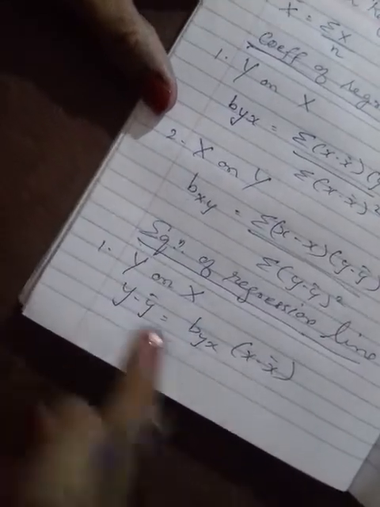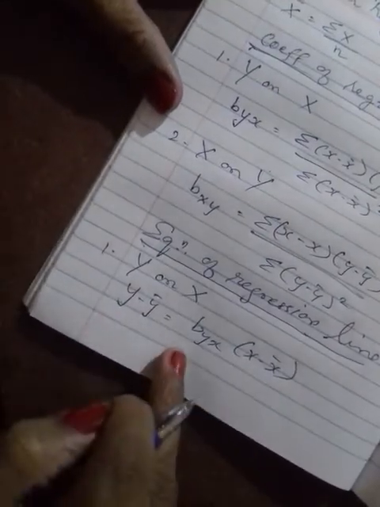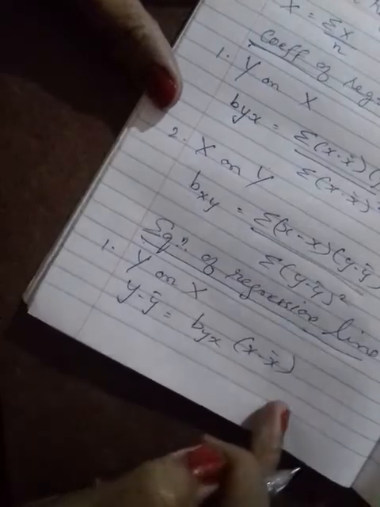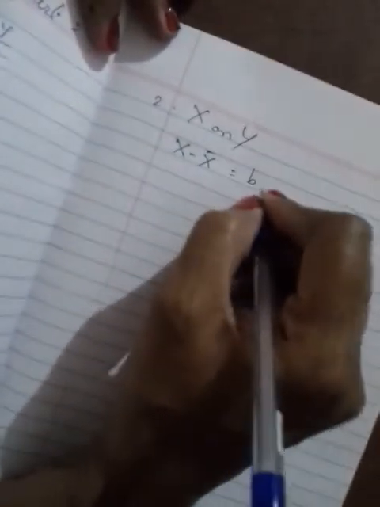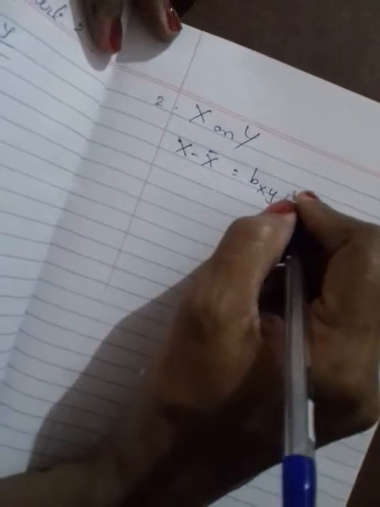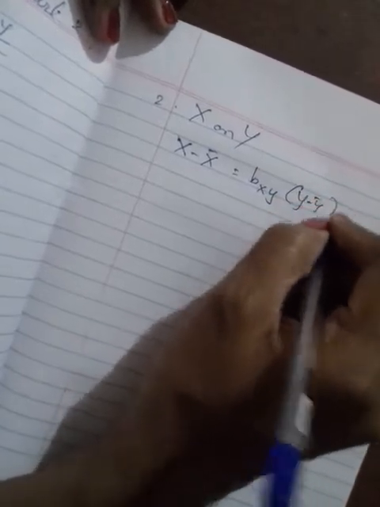Similarly, for the regression line x on y, you have to take x minus x bar first. It means x is dependent and y is independent, and here it is b of xy into (y minus y bar).